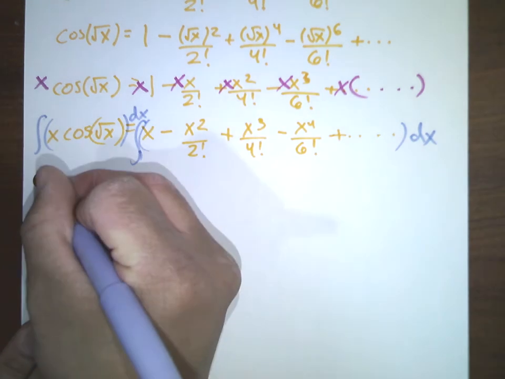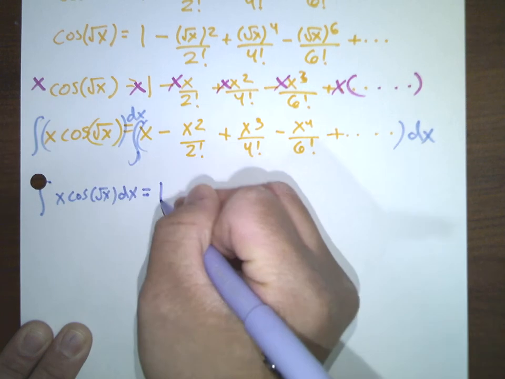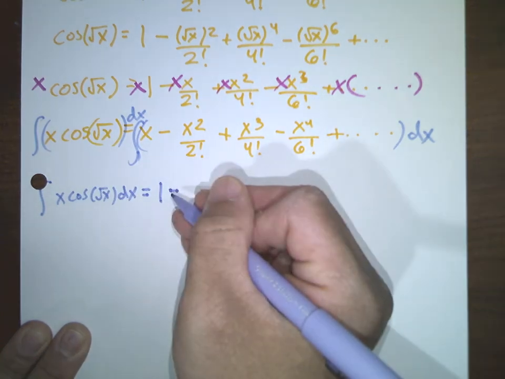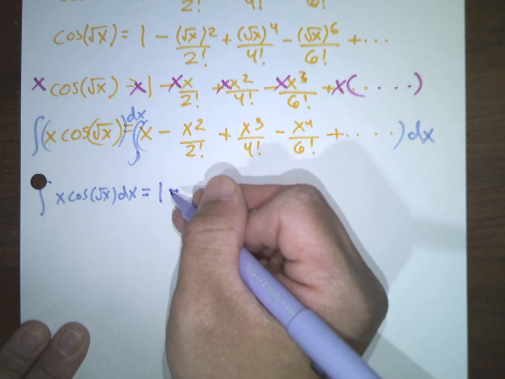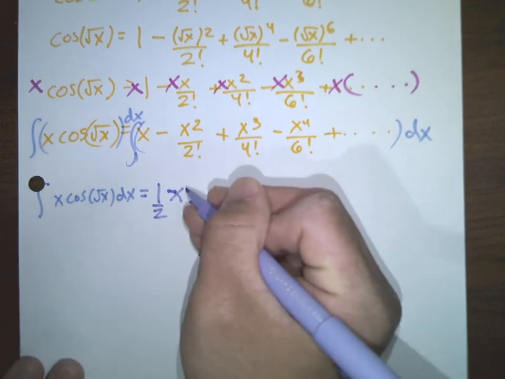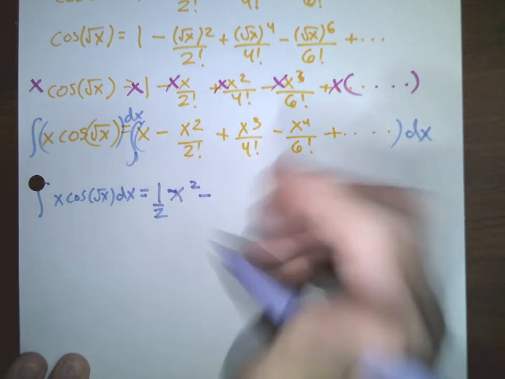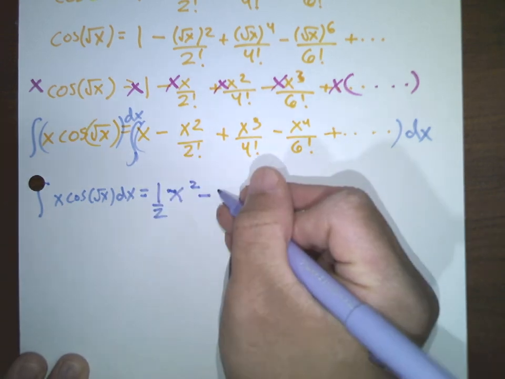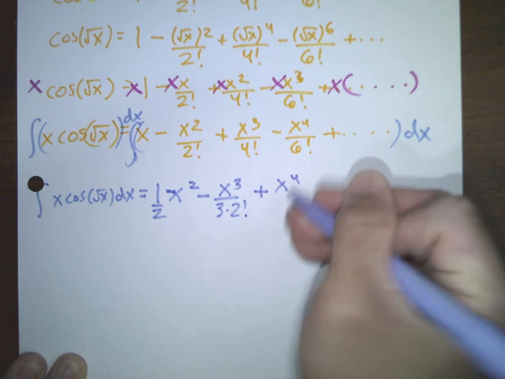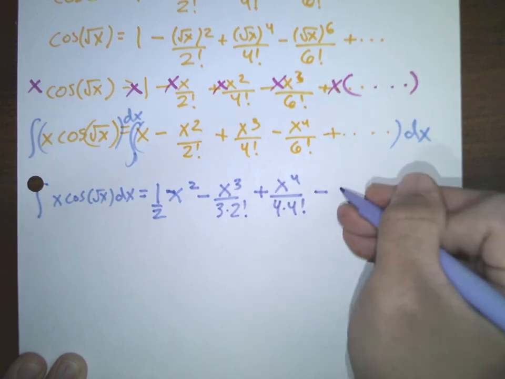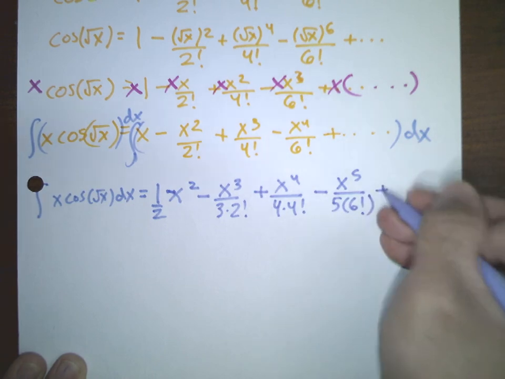So the integral of x cosine of the square root of x dx is 1 half x squared, and then minus, however you want to write this, x to the third over 3 times 2 factorial, and then plus x to the fourth over 4 times 4 factorial, and then minus x to the fifth over 5 times 6 factorial, and so on, all right?